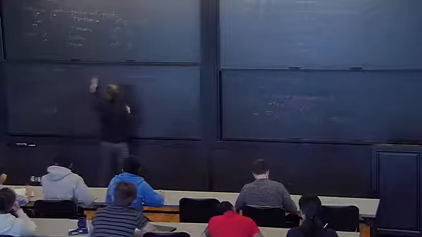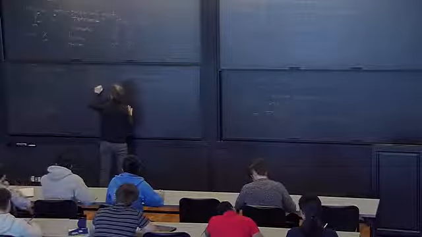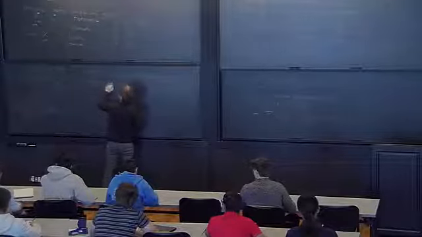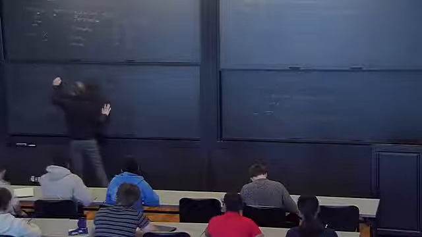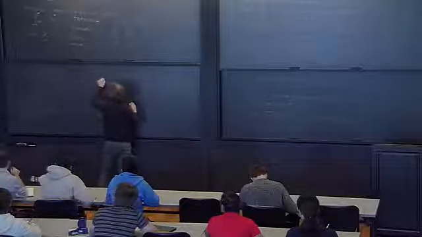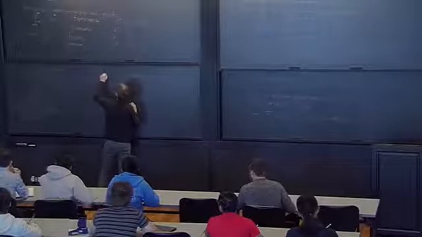Ghost number 1, I'm going to have omega 1 for B. This field is called P. This field here will be Q star.